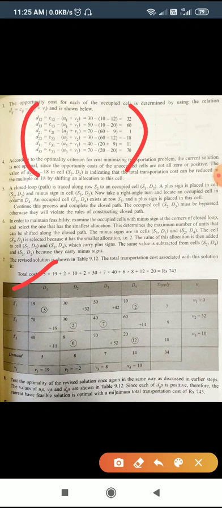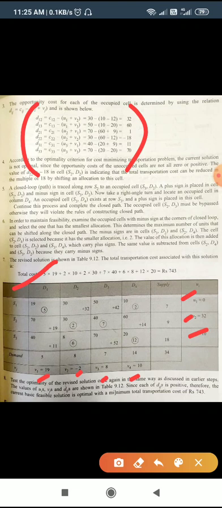If the solution is non-degenerate, then we go for optimality, and using the modified distribution method we again find u1, u2, u3, v1, v2, v3, v4, and after finding these we find the opportunity cost for the unoccupied cells.